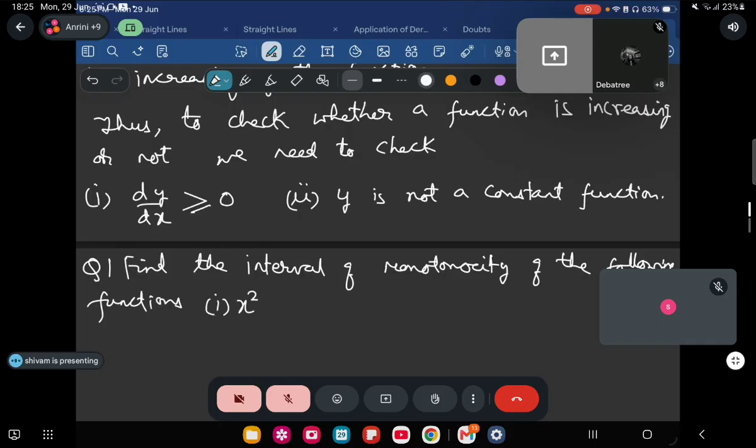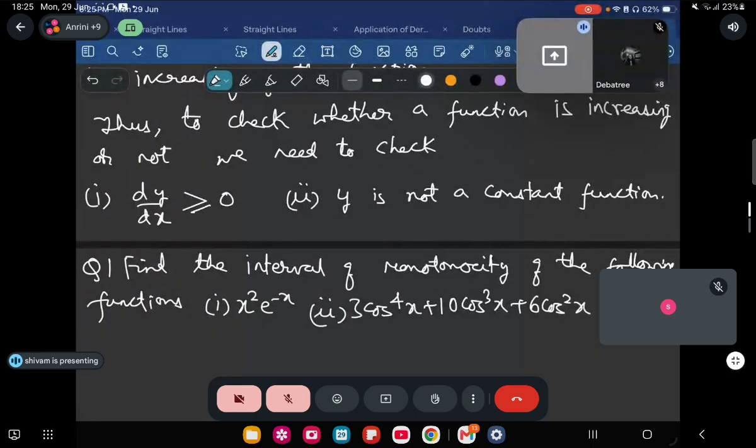Number one, x square into e to the power minus x. Number two, 3 cos to the power 4x plus 10 cos cube x plus 6 cos square x.